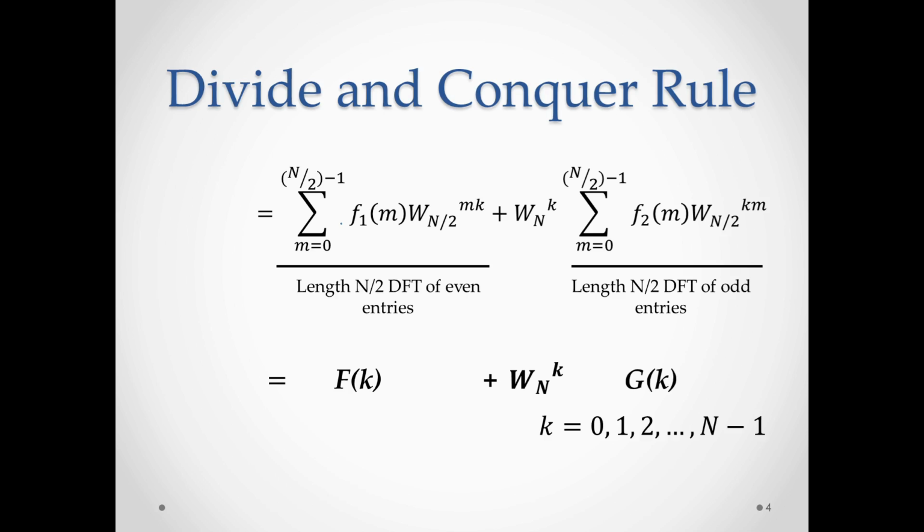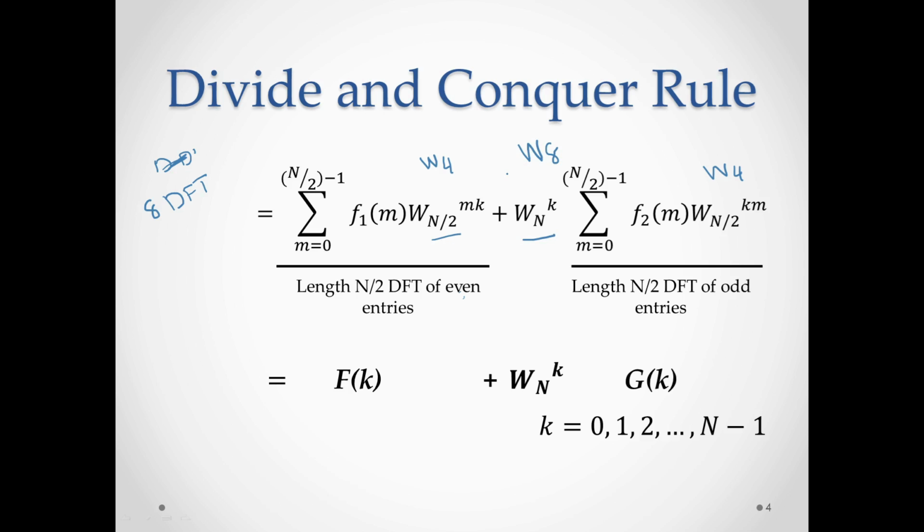The interesting thing that we need to remember while drawing our diagram is that over here we have N by 2 for the 8-point DFT. What we will get would be the W4 term over here, whereas the W8 term is used over here.